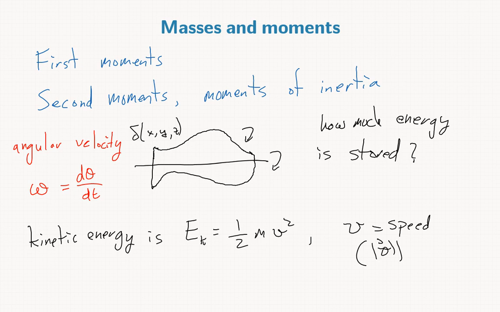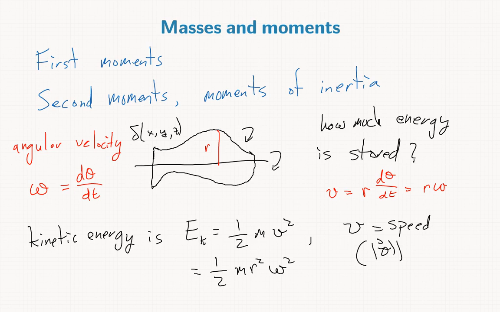Okay, so if we've got angular velocity of omega, and this object is distance r away from the axis of rotation, then v will be r times omega, so r times d theta by dt, or r times omega. So our expression for kinetic energy becomes 1/2 m r squared omega squared.